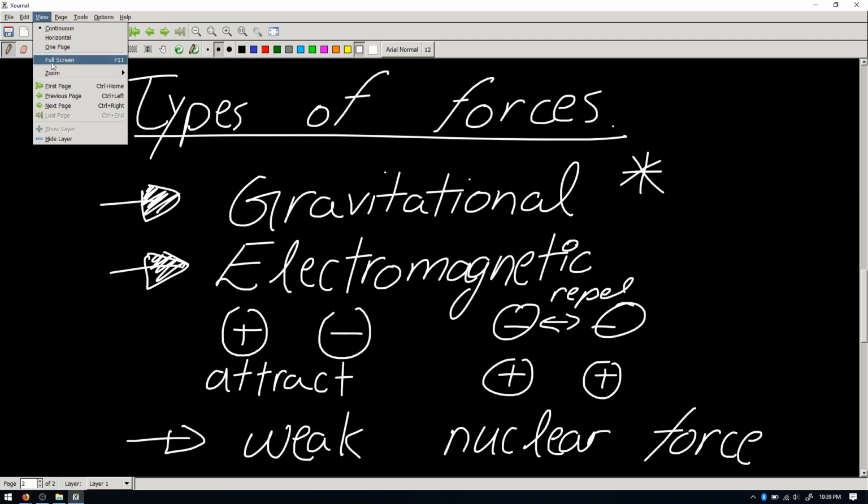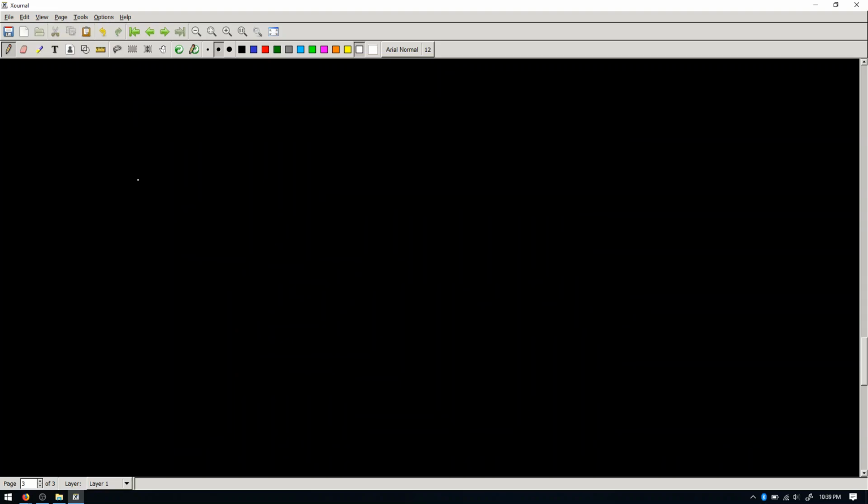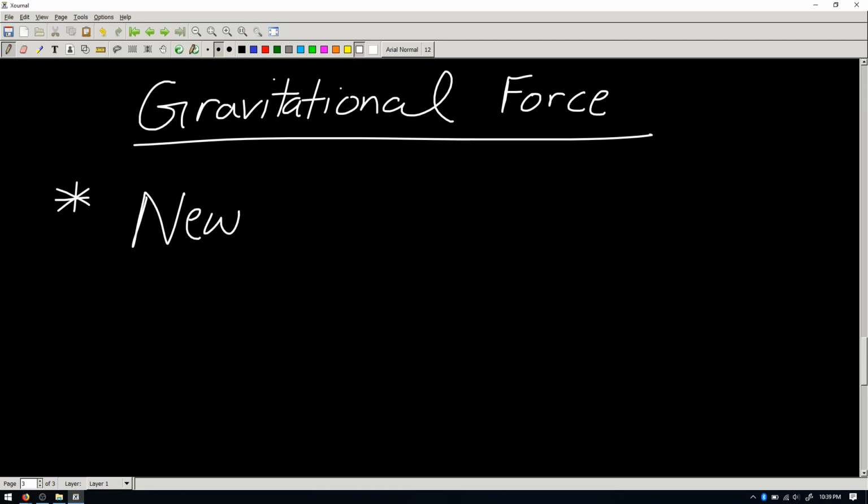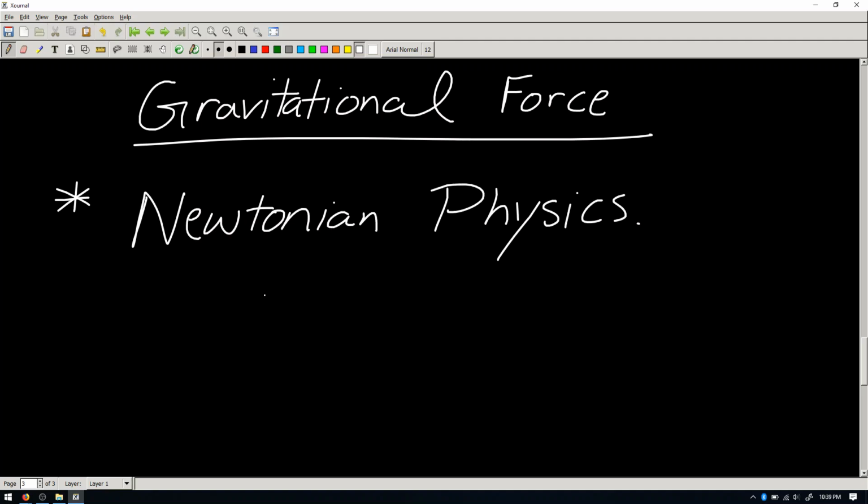What you can do with the gravitational force is calculate the amount of gravitational attraction between two objects. This is a classical perspective, so this is Newtonian physics.